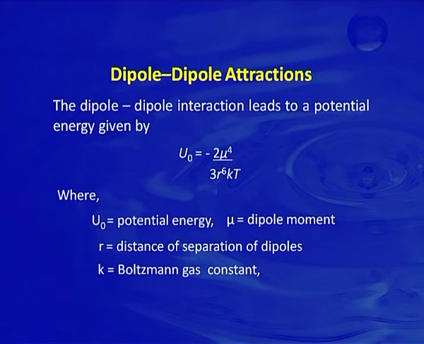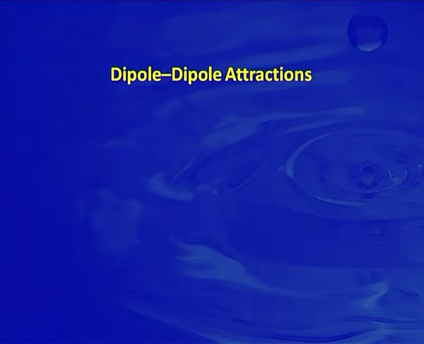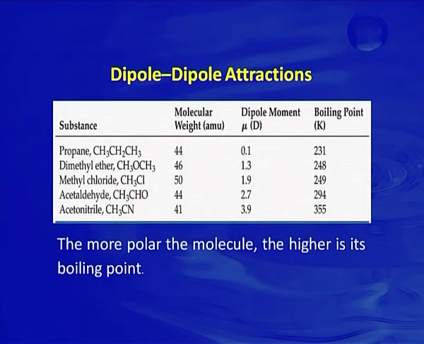By this formula, knowing the dipole moment, one can measure the potential energy of that compound. Here is a table which shows the more polar the molecule, the higher its boiling point. Here acetonitrile has a molecular weight of 41 and a dipole moment of 3.9. The boiling point is 355 Kelvin.